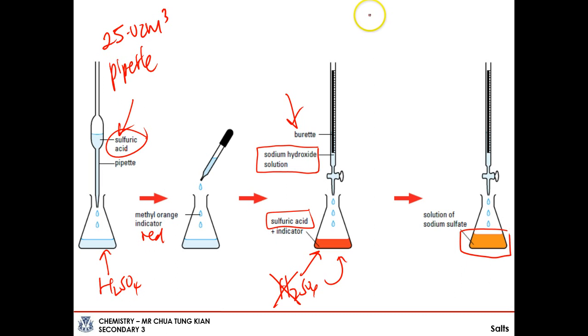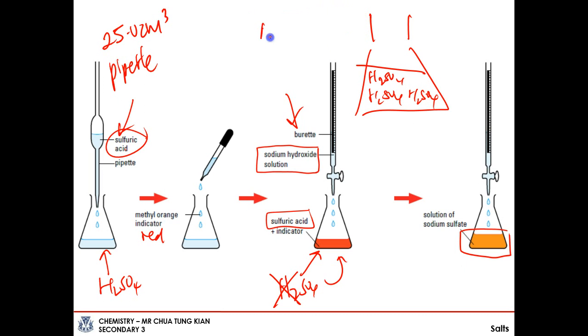So imagine this: I have this conical flask here, and the conical flask inside contains H2SO4, H2SO4, H2SO4. Okay, so I add my NaOH in, and I need 2 moles of NaOH to react with 1 mole of H2SO4. So let's say I add 2 moles in, gone. So what is this overall color? It is still red because there's still acid. I add 2 more moles, gone. There's still acid, so this is still red.